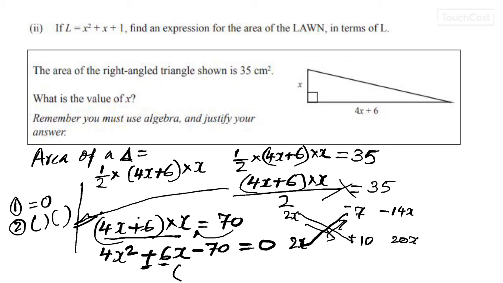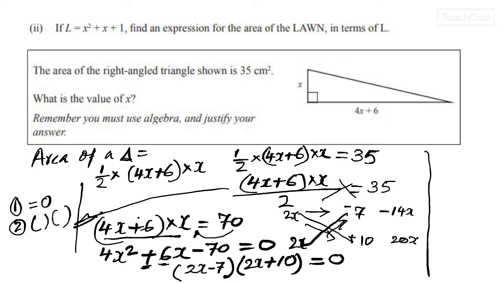So the factorized form is 2x minus 7 times 2x plus 10, and that should be equal to 0. Now solve it.